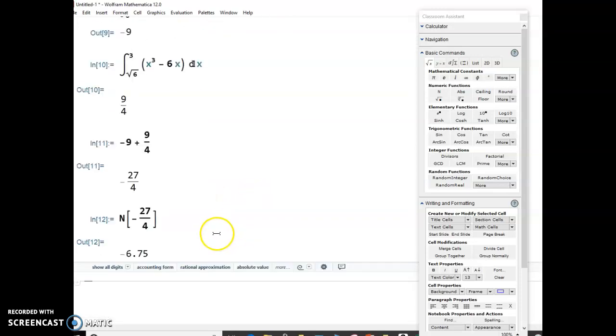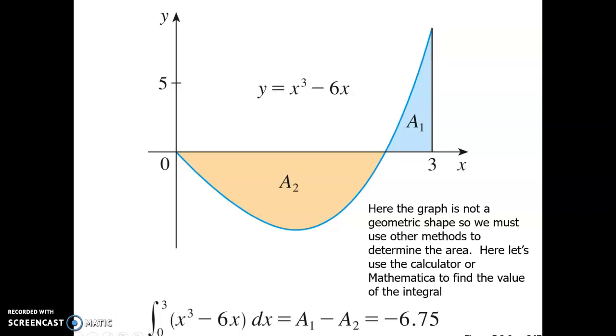So overall, moving down 9 units, up 2.25 units, overall it went down in the interval from 0 to 3. It went down 6.75 units. So again, I love to show the power of Mathematica and how it can help us calculate these values that we're studying in calculus.